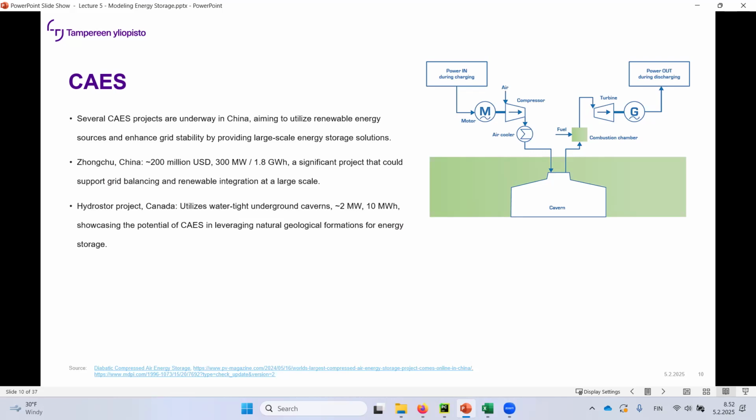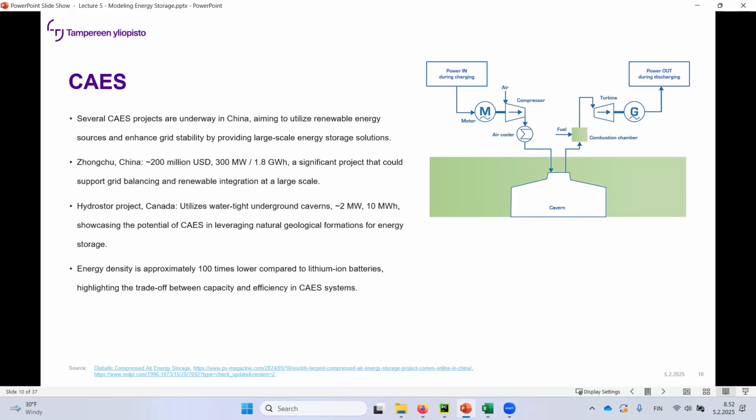And Canada, so this CAES can also be implemented as a water system. You have to have watertight underground caverns, and the water pressure is utilized in there. That's a little smaller project.